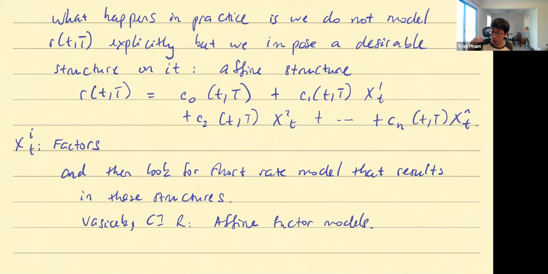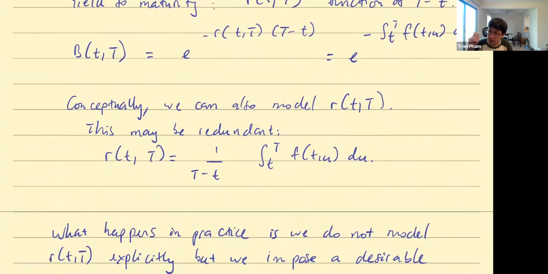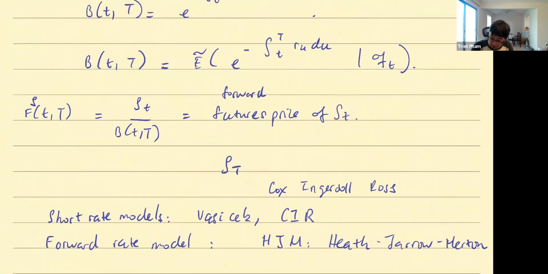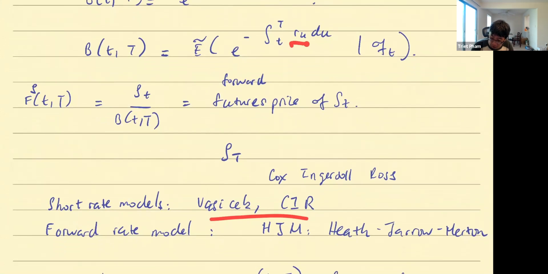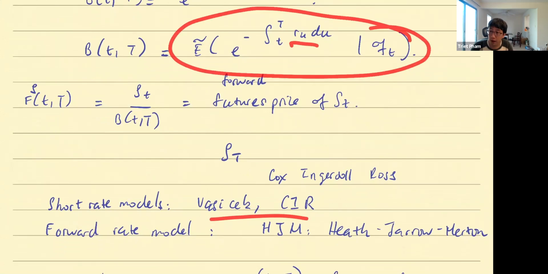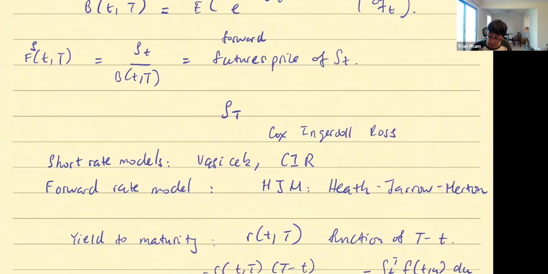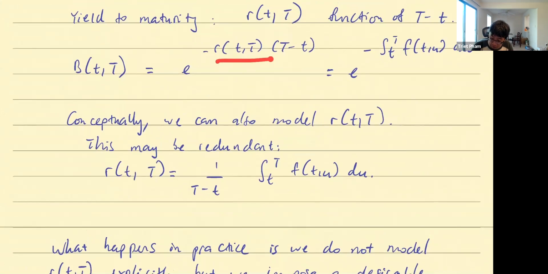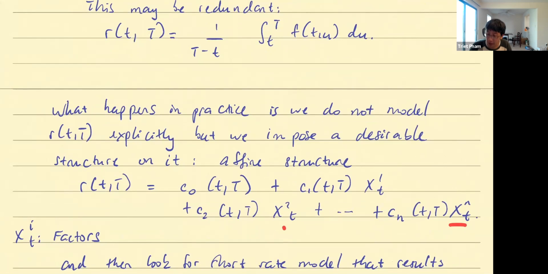In other words, if you apply this short rate model for the r and plug it into the pricing machinery, which is a little bit complicated, it will come out that the bond price has a yield structure that is affine in some stochastic process.